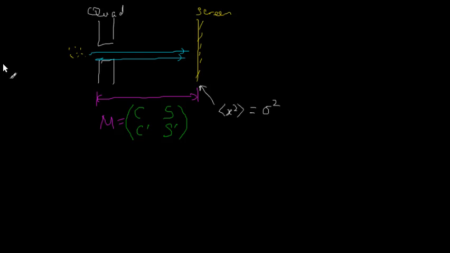And let's say at the entrance of the quadrupole is where we'd like to find the twiss parameters and the emittance. So these are epsilon, alpha, beta, and gamma. So that's what we hope to find. And we hope to find this by changing the quad strength, which changes the matrix elements and changes the beam width.